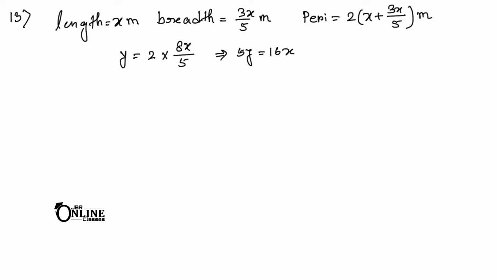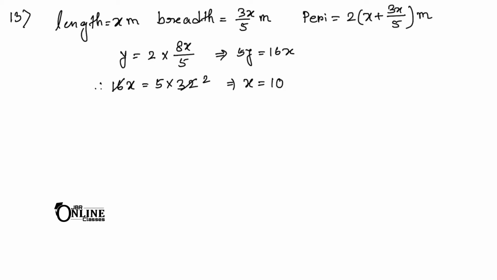Now find the floor area of the room if its perimeter is 32 meter. If its perimeter is 32 meter, that means here the value of y equal to 32. So from that you can easily find out the value of x. So 16 cancel out with 32, that means here x equal to 10.